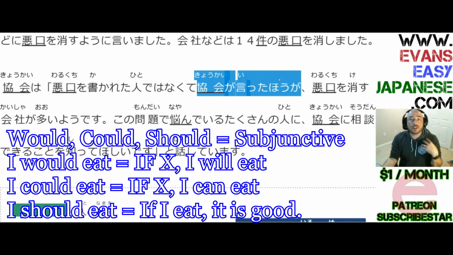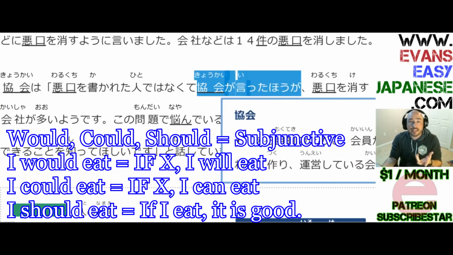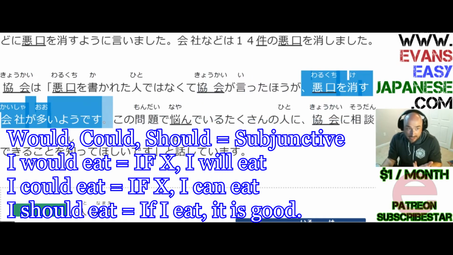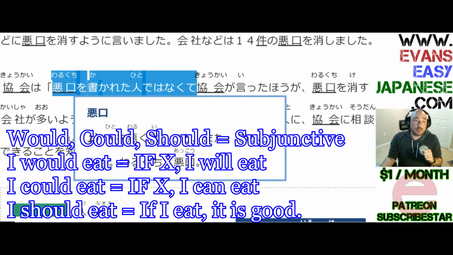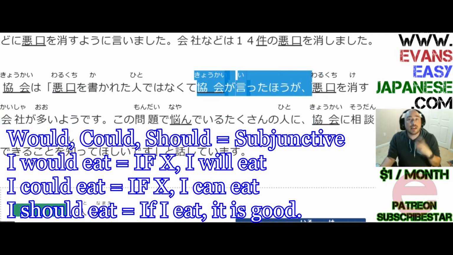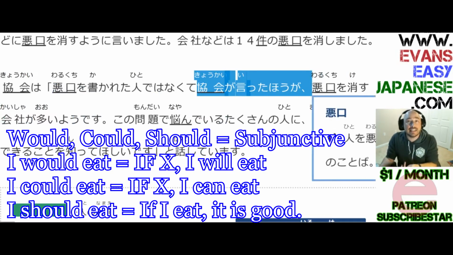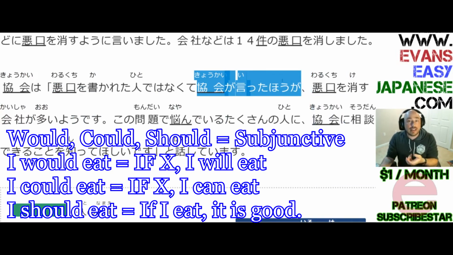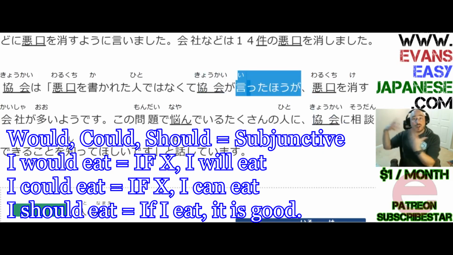These are all if. So the way that I translated this as if the company were to say it, then there are many more. If it's not the people who are insulted saying it, if it's the association that says it, notice how that if feeling is in the English of should. That shitahoga ii pattern, you should do that. That shitahoga ii pattern also does have that idea of if that we just used in here.